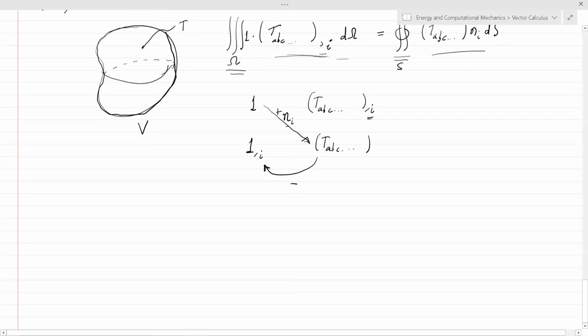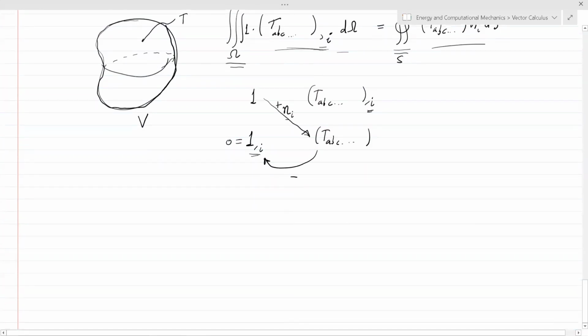The derivative of 1 is 0, because that's what this means. The derivative of 1 is 0. So I multiply, and this goes back into the triple integral. So that's how that works. Negative T_ABC times 1 comma i, but this is 0.